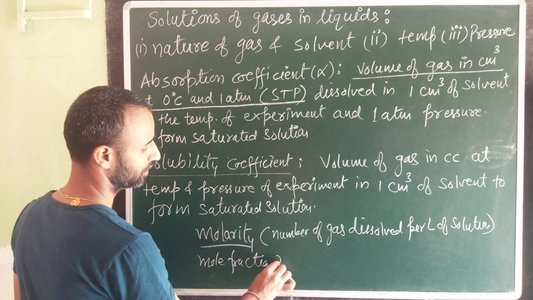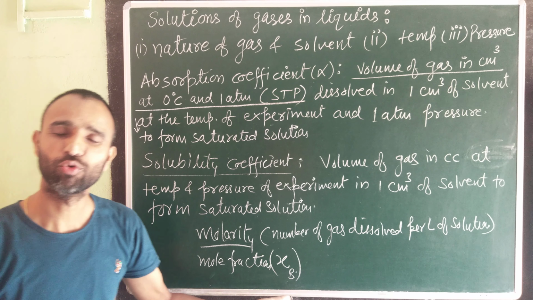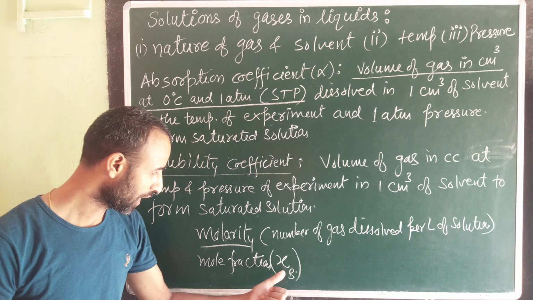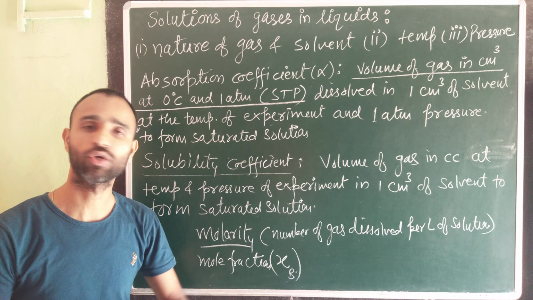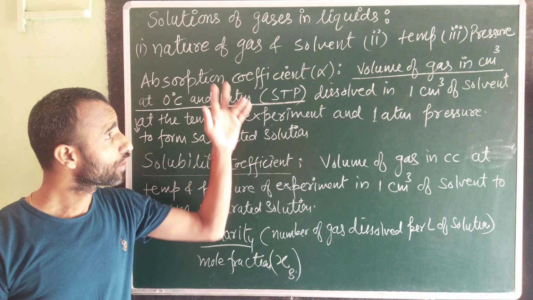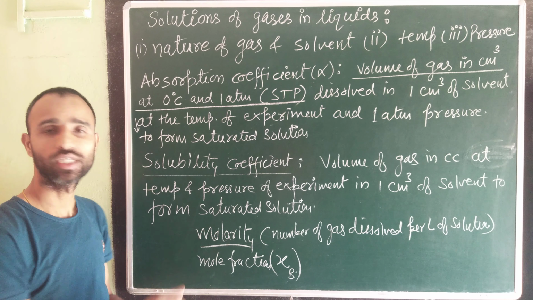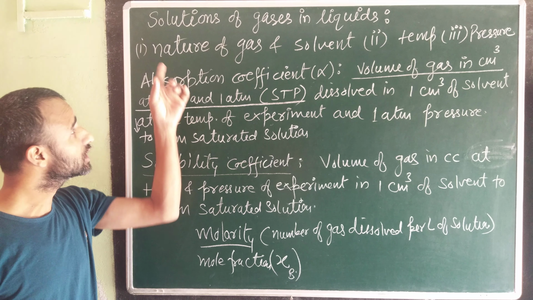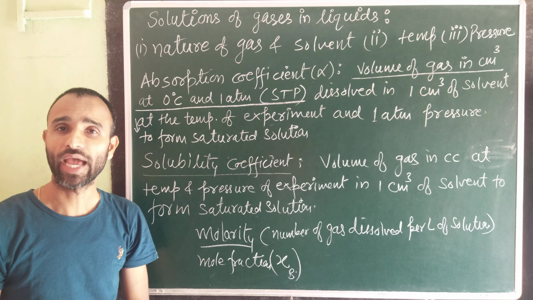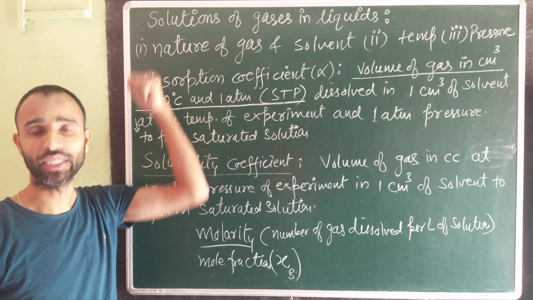So these are different, X_D or X_2, whatever you would like to say, but it is the mole fraction of the gas in the particular solution of gas in liquid. So these are units to express solubility of the gas in liquid. Now let us discuss nature of the gas and solvent, how it affects the solubility.